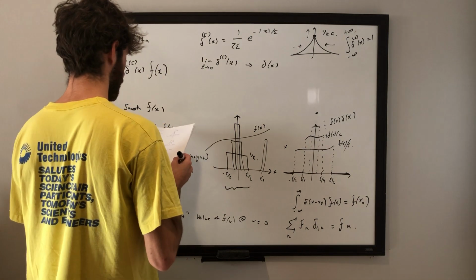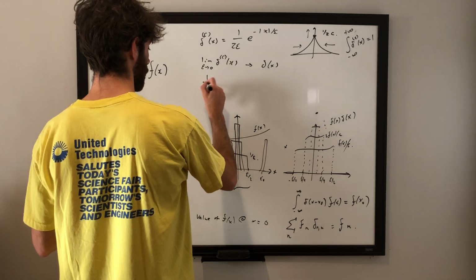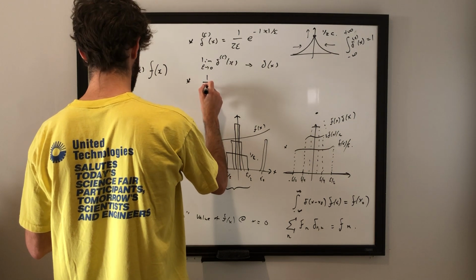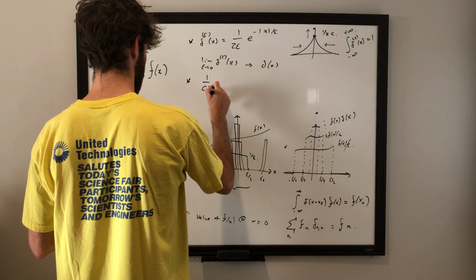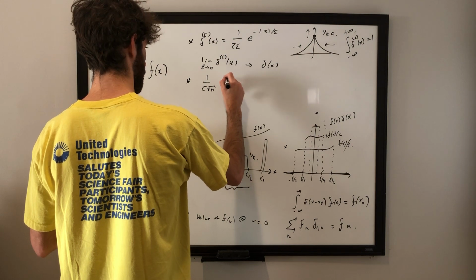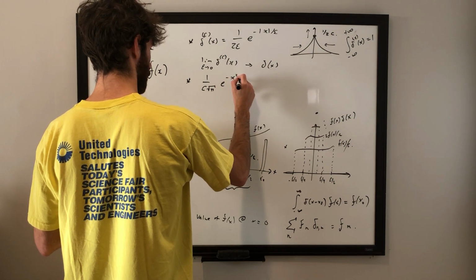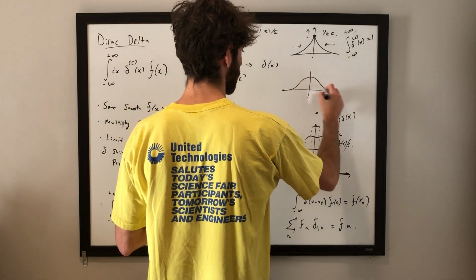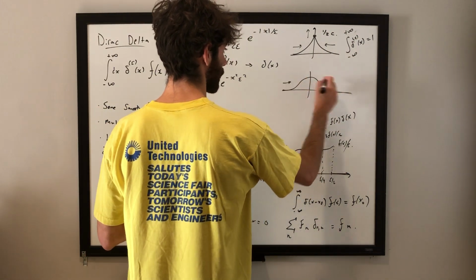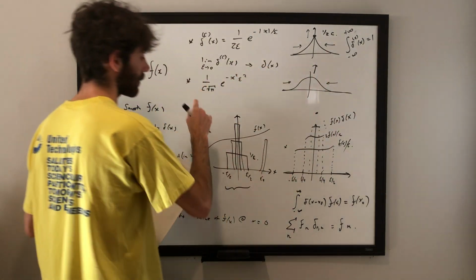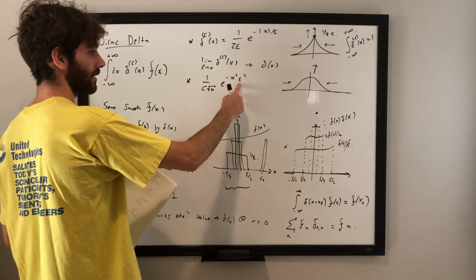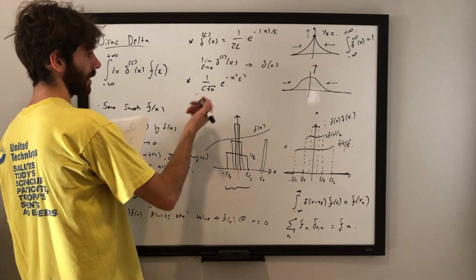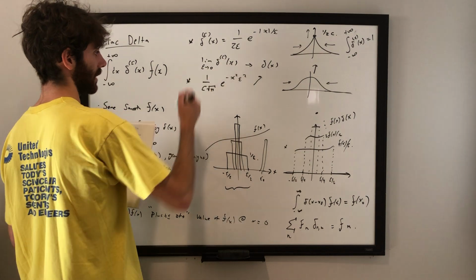So that's one version. Another one we could do is, so this is one version, there's another version. So now we have a Gaussian shape. But again, the same principle, we squish and we elongate. So epsilon shrinks, the width of the peak gets smaller and smaller, the height grows, and it approaches the delta function in the same limit.